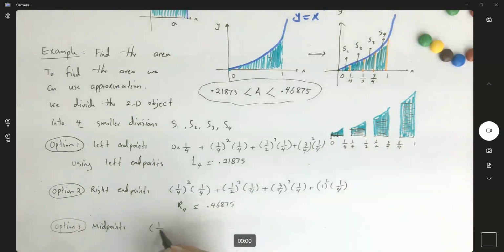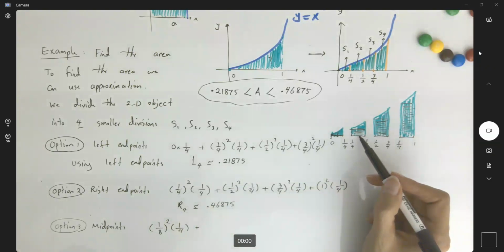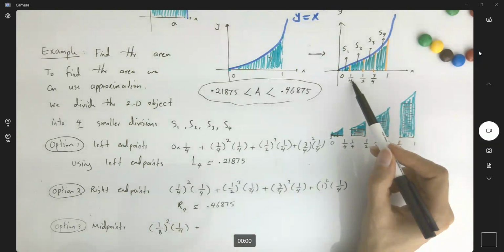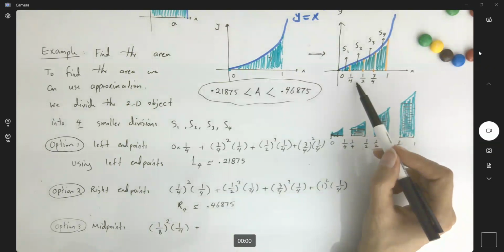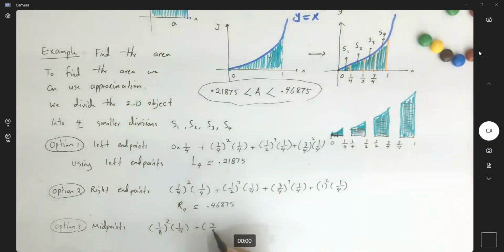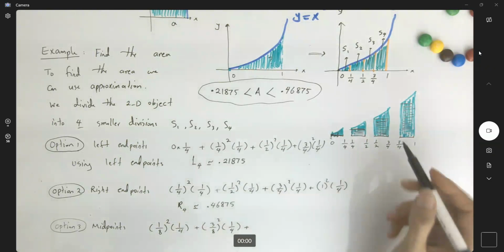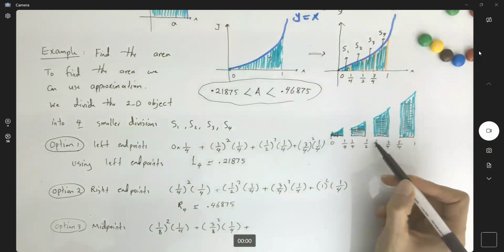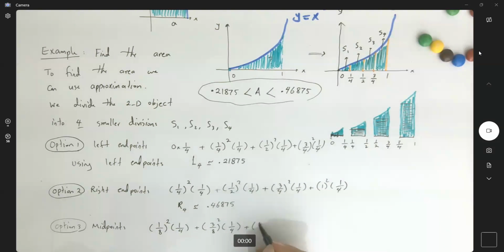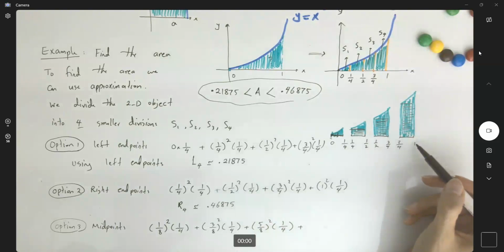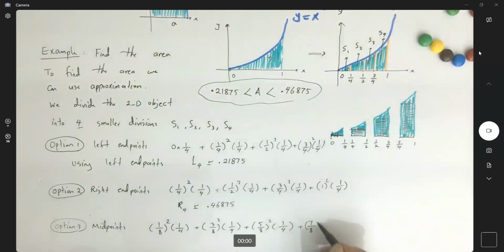So you have 1/8 to the second times a fourth, plus the midpoint between a half and a fourth, which is 3/4 divided by 2, or 3/8 to the second power times a fourth, plus 5/8 to the second times 1/4, plus 7/8 to the second times 1/4, and get an approximation.